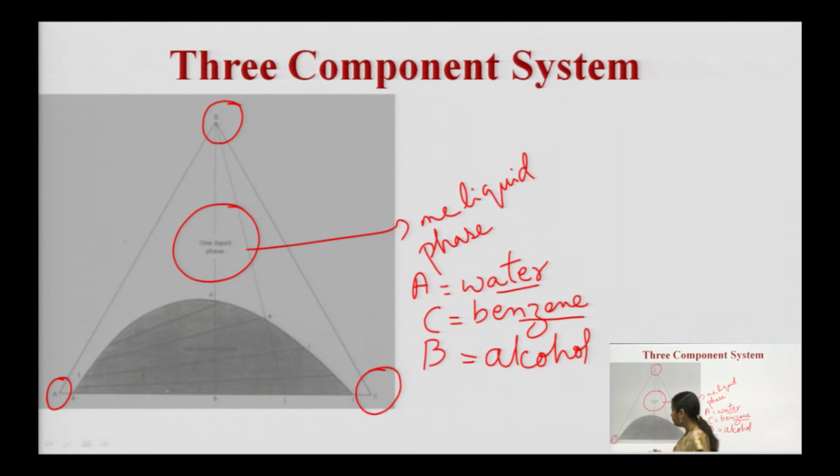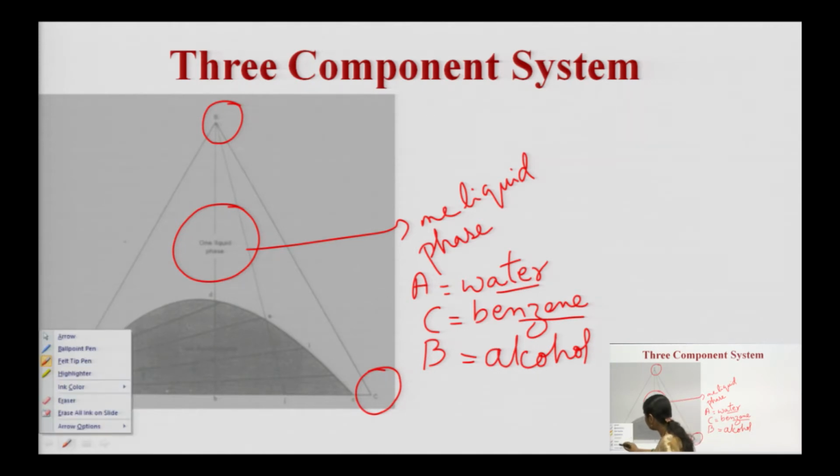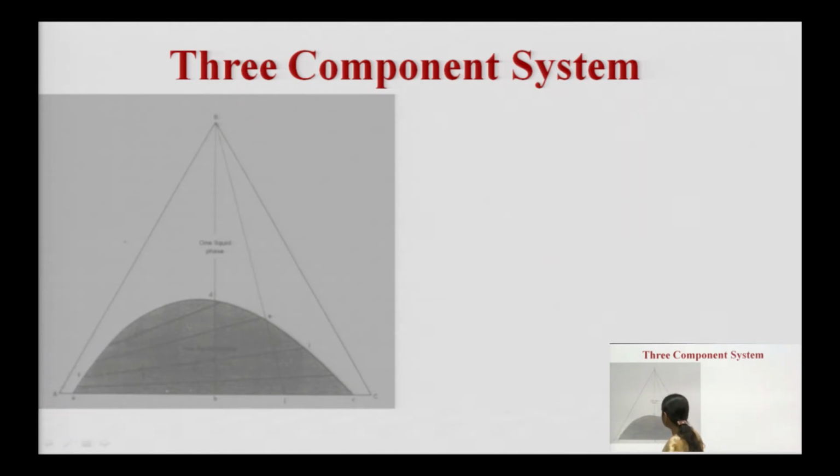Now, what happens in this case? Suppose A and C are partially miscible liquids, and in this diagram, this point is denoted by small a.